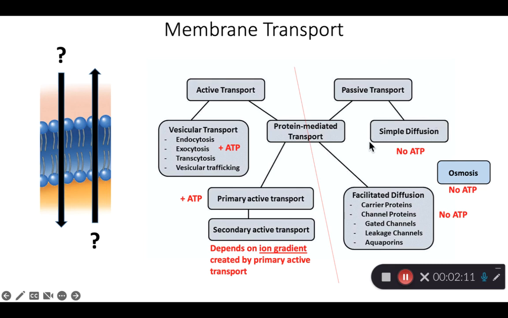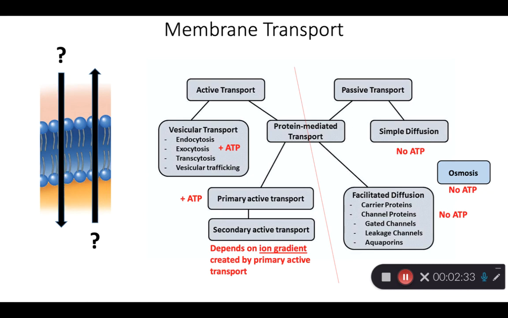One method is simple diffusion. So notice simple diffusion does not need a membrane transporter. So you don't need a protein. It's kind of like what's going on here with this arrow. Some molecules can go right through the membrane without needing a protein.